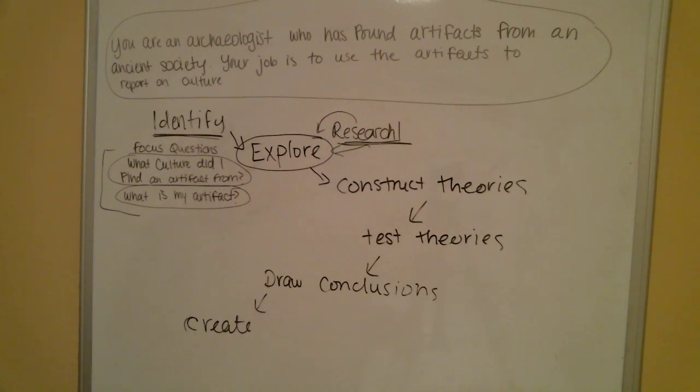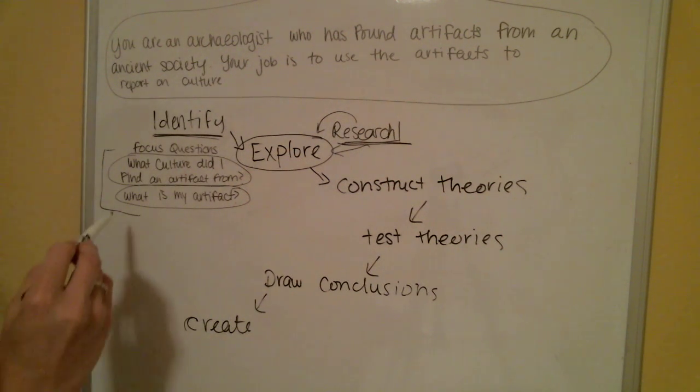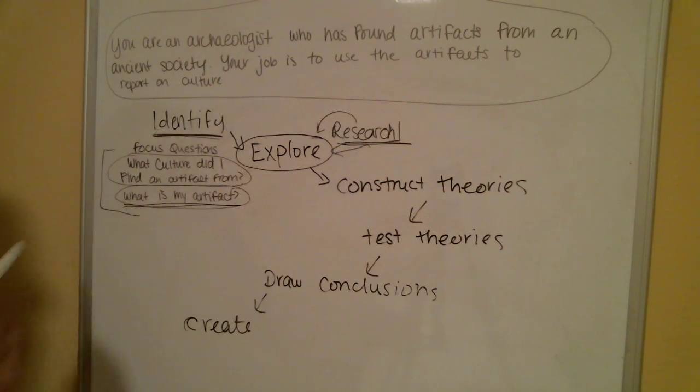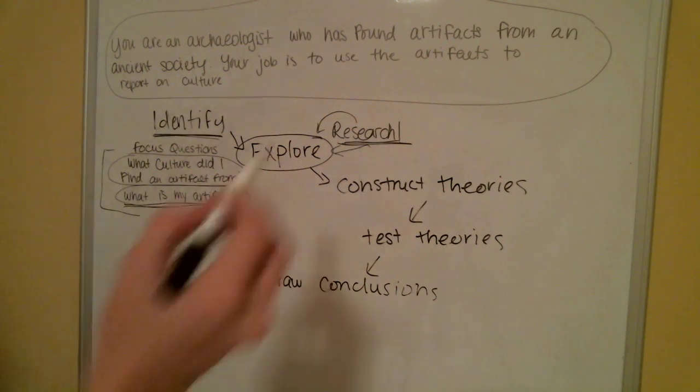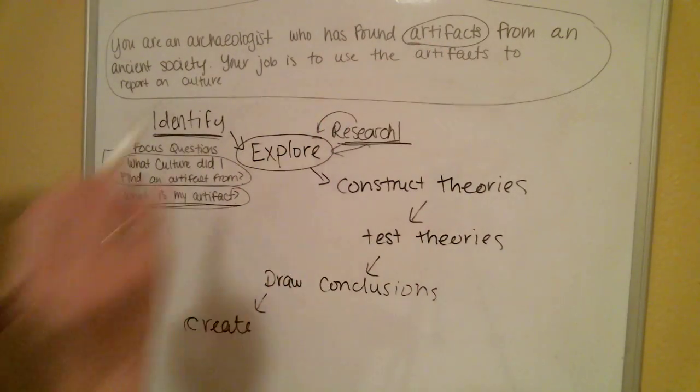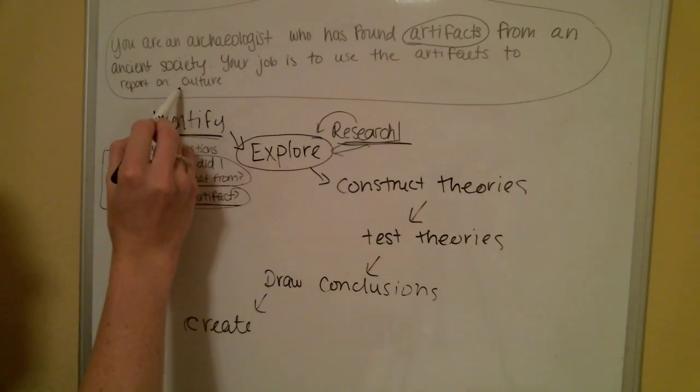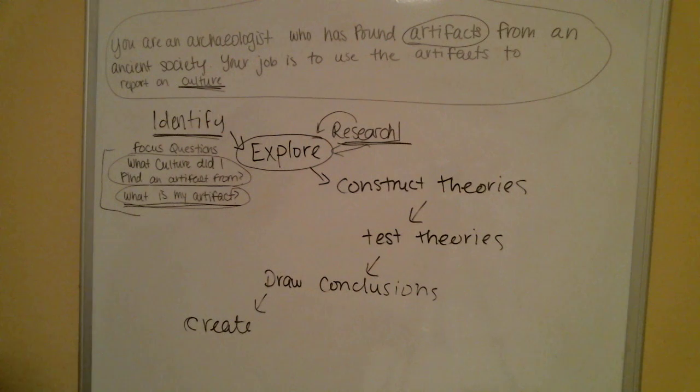That would lead me to find out my next question, what is my artifact? Just for example, let's say that I'm exploring ancient Egypt and I found a mummy. That is going to be the artifact that I found in my focus question, and I'm going to use it to report on the culture of the society, okay?